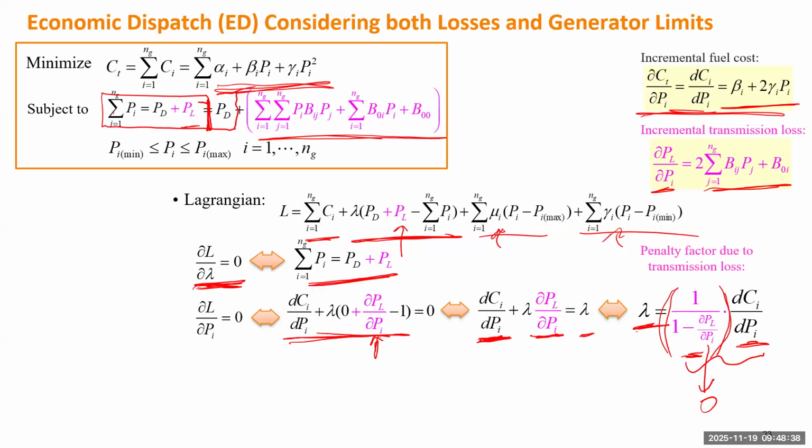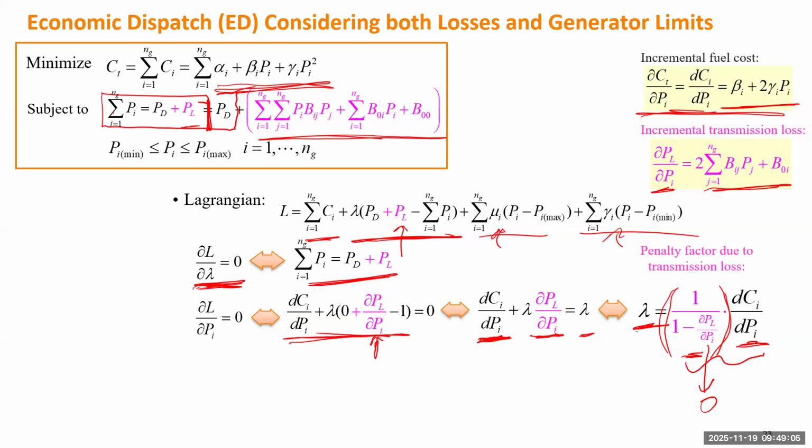So finally, transmission loss only changes here. If you understand what this means, you know why we do this and how we solve the problem. If this factor is 1, lambda is equal to this one. By definition, it's just the incremental fuel cost for each unit, because dCi by dPi only concerns one unit.